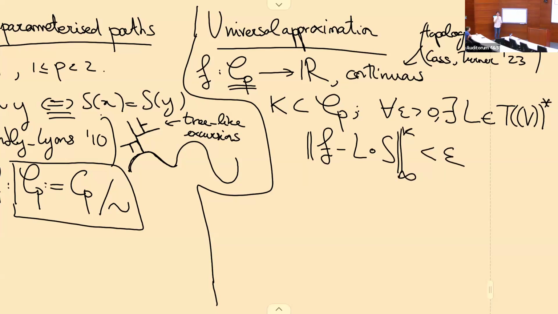Okay, so that's what a universal approximation looks like. If any function is continuous on a compact set, I can find a linear functional that acts on the signature such that this linear functional is uniformly close to f in K with arbitrary precision.